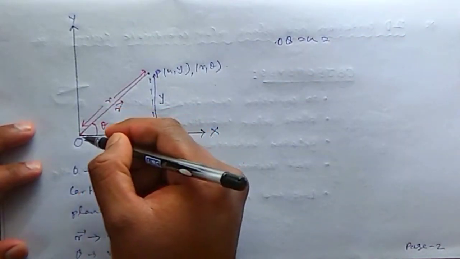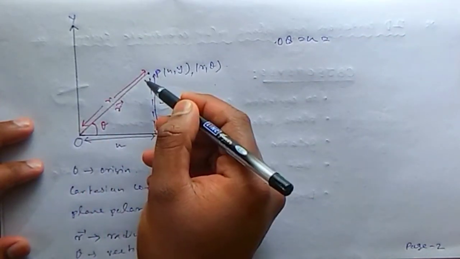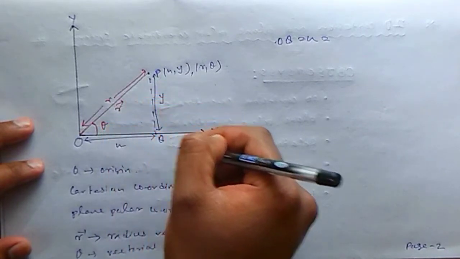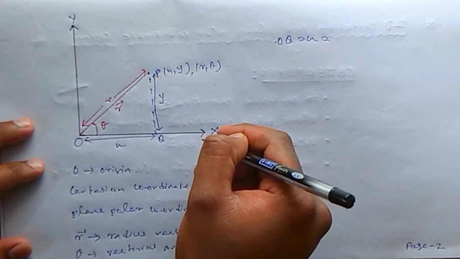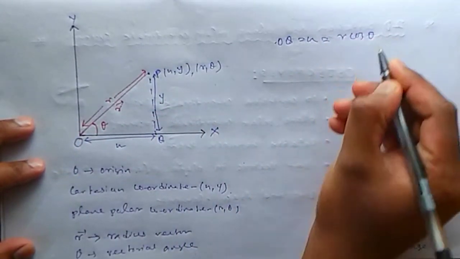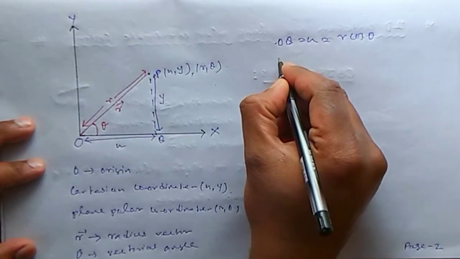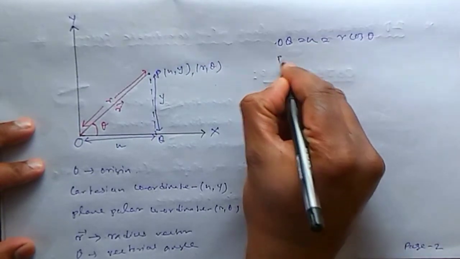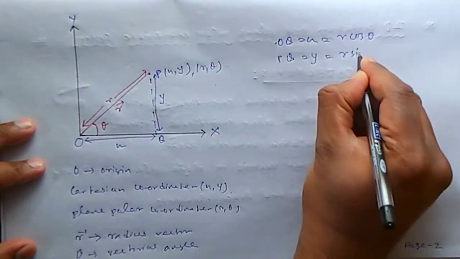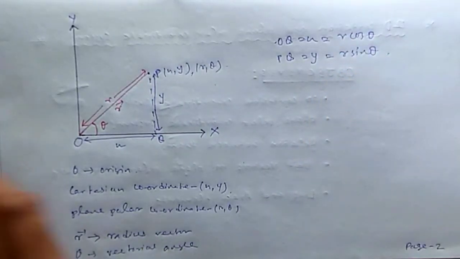Now we are taking the projection of this radius vector r along the x-axis, then we will get x is equal to r cos theta, and PQ is equal to y is equal to r sin theta.